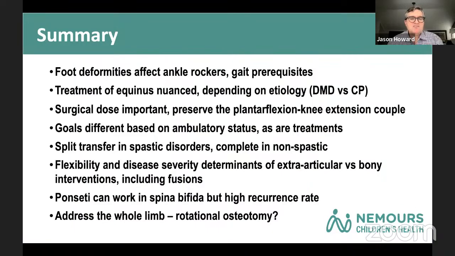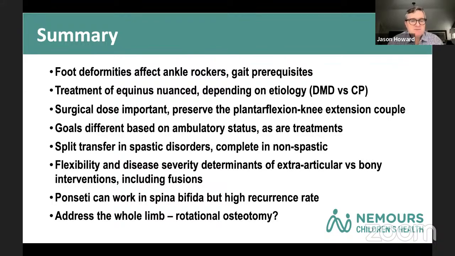So, in summary, foot deformities affect your ankle rockers and your gait prerequisites. You need to keep those in mind. You need to treat your equinus, but beware of the dose, particularly in kids who have weakness. Your surgical dose is important to preserve that plantar flexion knee extension couple. And your goals are different depending on if you're ambulatory or non-ambulatory, as we spoke about.